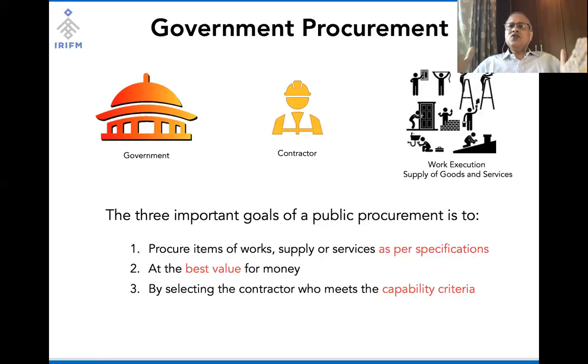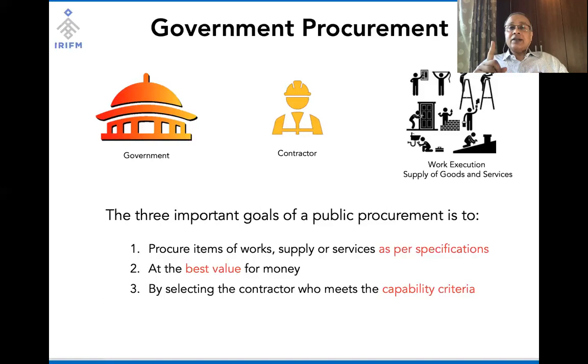Now, if each of them makes a pen of the same quality, then we are going to select the contractor or the supplier or the manufacturer which is going to provide us the pen at the cheapest rate. So government procurement essentially looks at optimizing these 3 goals, and it really wants to achieve all 3.